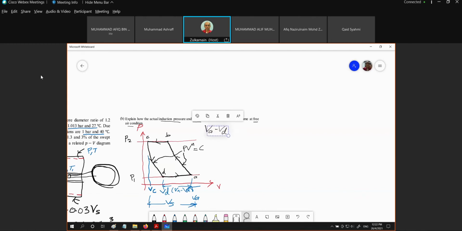If it is the induced volume at free air condition, then that should be your V. So we are going to look at the effect of the variation of P1 and T1 on the V. From this equation, VA minus VD multiplied by T0 over T and P over P0, this is the induced volume at free air condition.